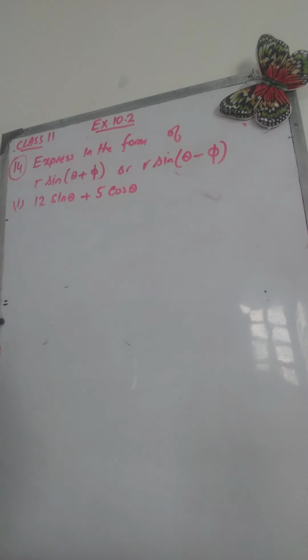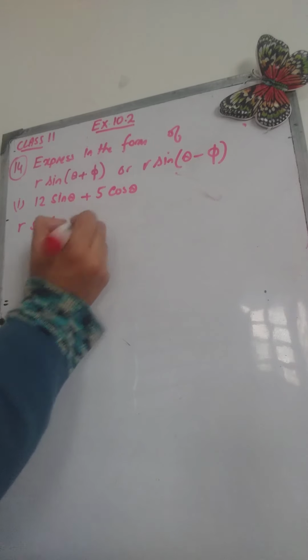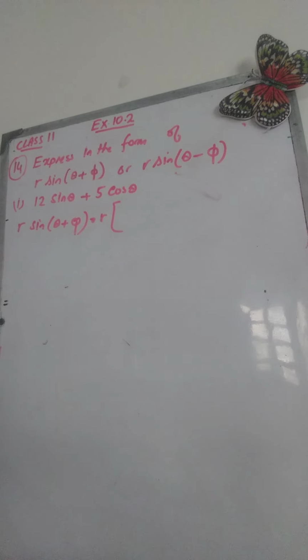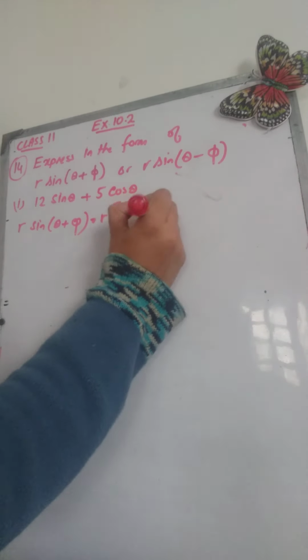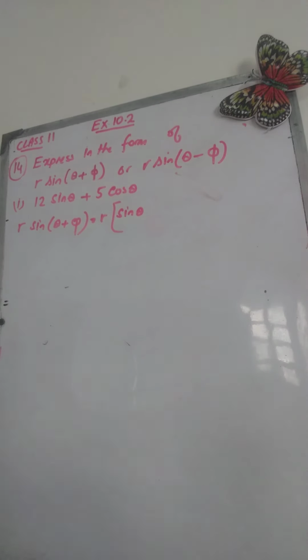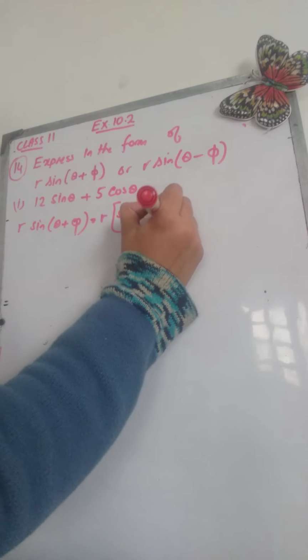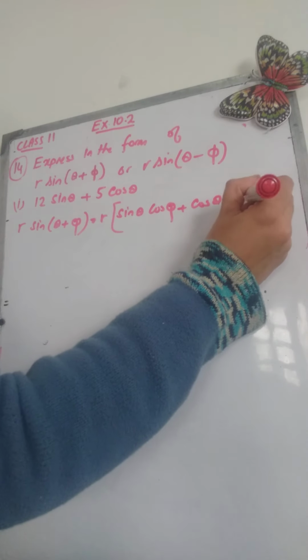Now suppose I expand this. Over here, r sine theta plus phi. If I expand this by using the identities, we know that this is equal to r times sine theta cos of phi plus cos of theta and sine of phi.